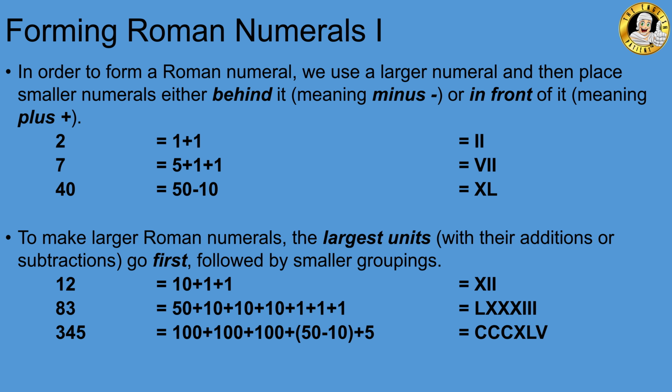L, X, X, X, I, I, I. For 345, I will add 100 to 100 to 100. Then I will make 40. To make 40, I will subtract 10 from 50, which is XL. And then I will add 5, which is V. So that would be CCC XL V.